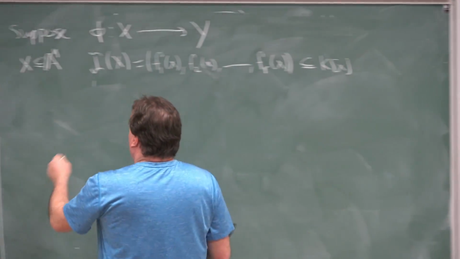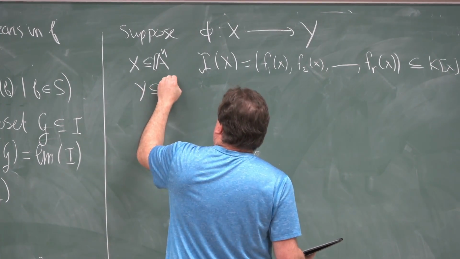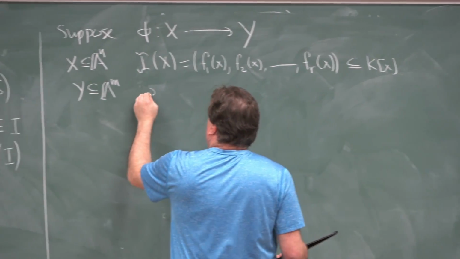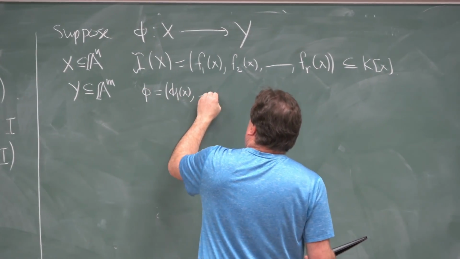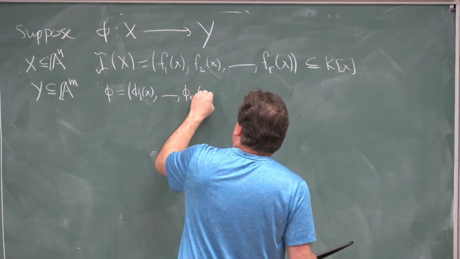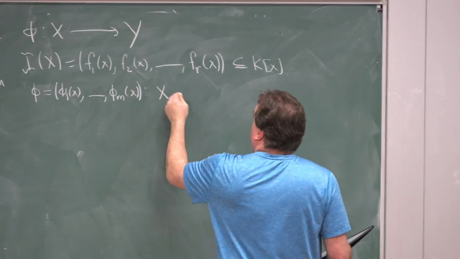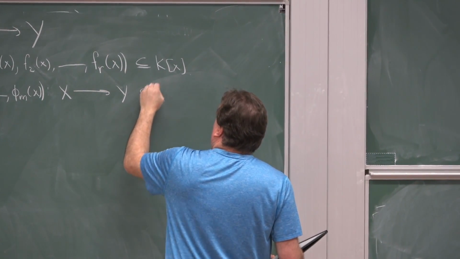This morphism, this Y, lies in some other affine space. And this morphism is given by some polynomials, phi_1 up to phi_m, right, which is a map from X to Y, which is contained in A^m.